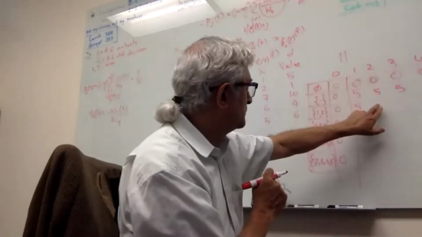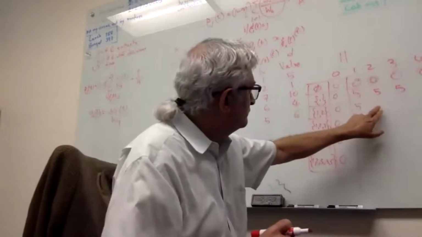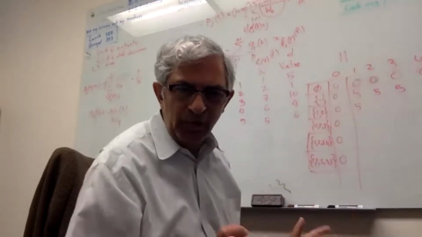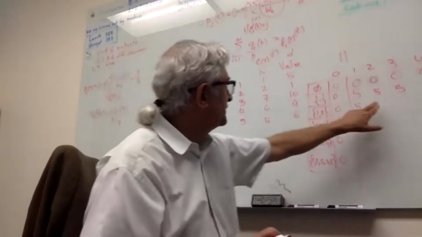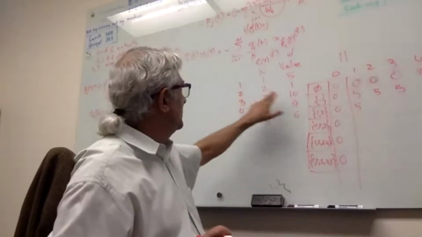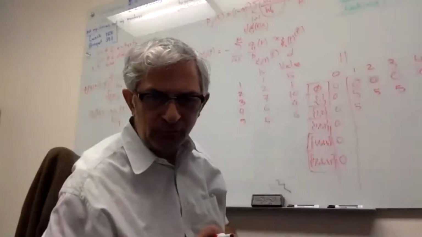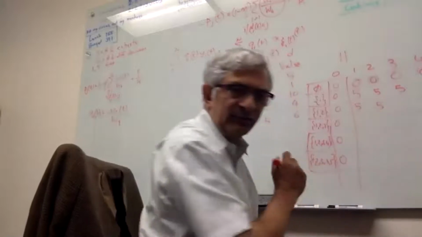If I have 2, well, I have 2 choices. Either I can take what I did before, which means I don't bother to take item 2, or I take item 2, in which case I cannot take anything else. And if I don't take anything else, the value is going to be 1. So I'm going to pick the larger of 1 and 5, and it's clear that I'm better off just taking 5 instead.